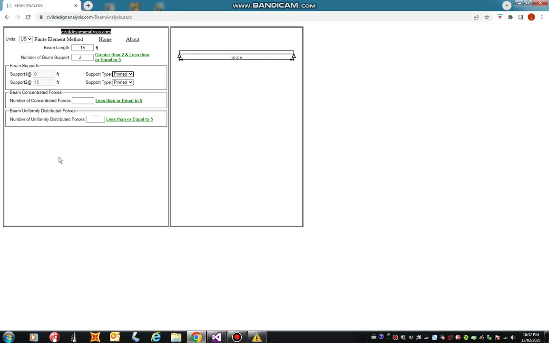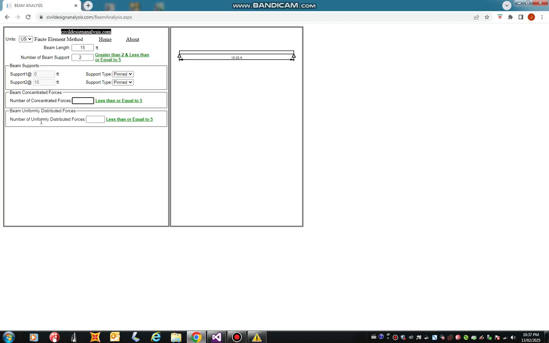Let's work on the example with the number of concentrated forces. You can have up to 5 concentrated loads at different locations.